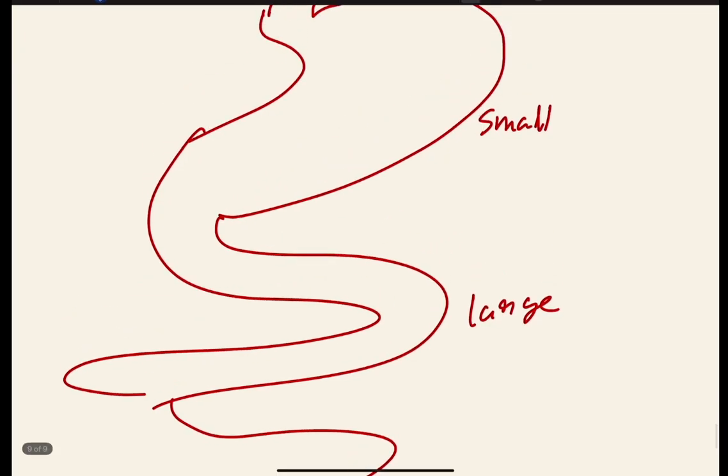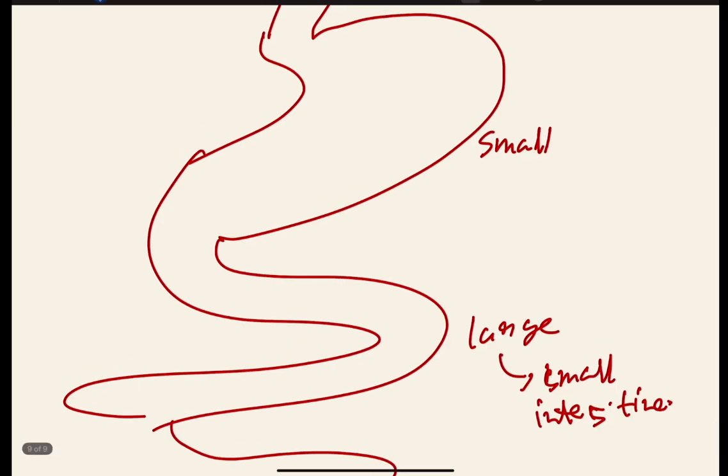So where will the drugs be absorbed more? Obviously where there is the large surface area, in the small intestine. So there will be increase in absorption in the small intestine, not in the stomach.